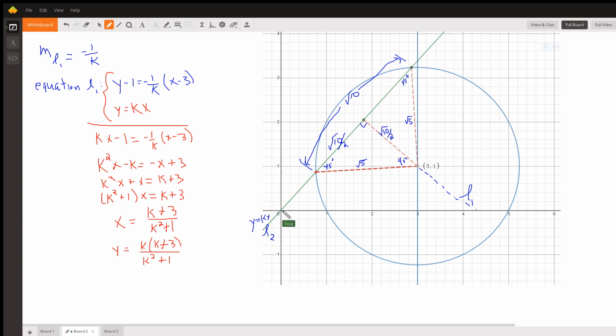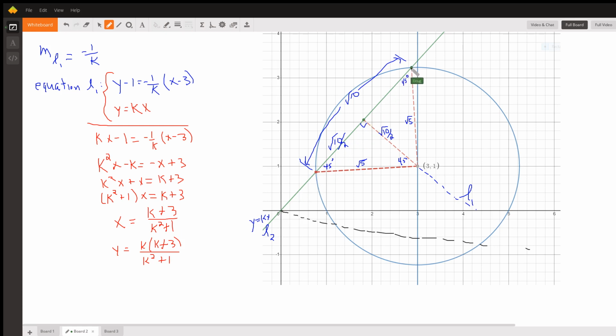I actually believe there's another solution where this line y equals kx could also be down in here, and we would have a 90-degree arc cut off by that line. But I'm focused on this solution right here.